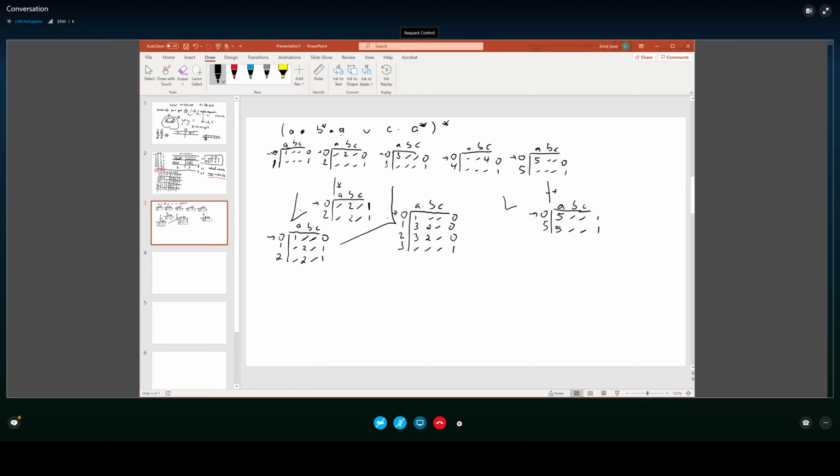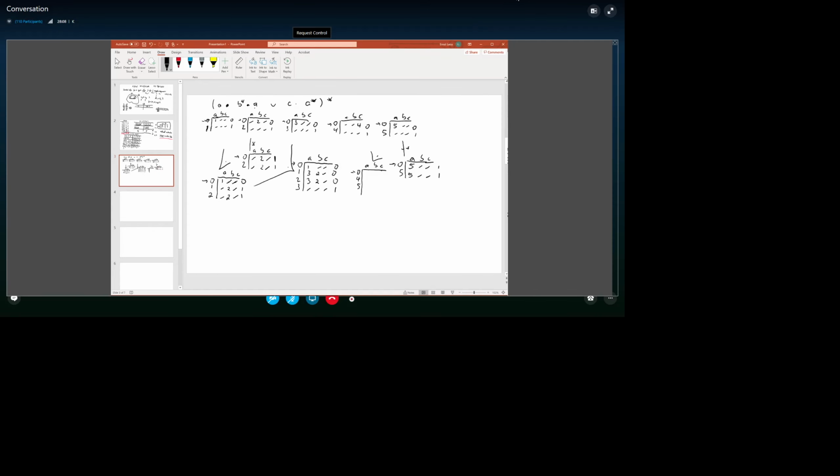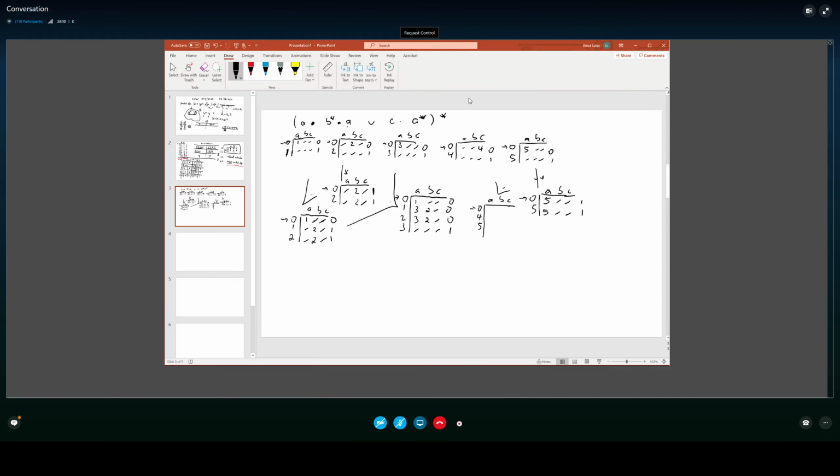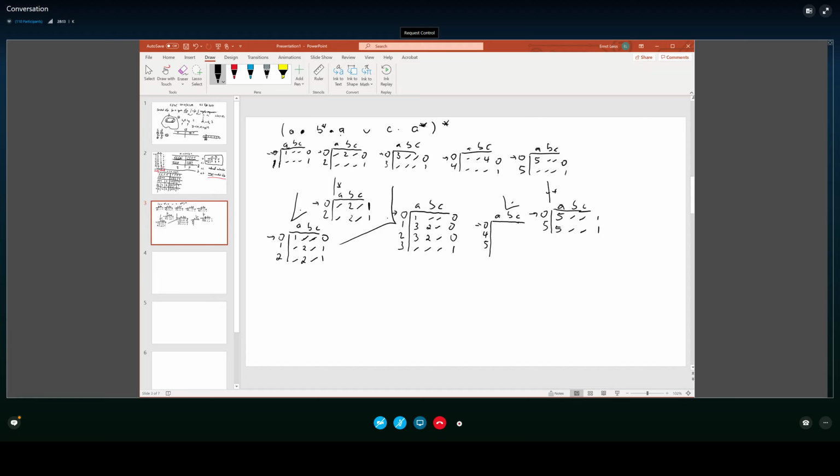And then we can do the concatenation of those two, which is 0, 4, 5 for the states, and A, B, C. And so the initial state of the second automaton is accepting. So that means we get all the final states of the first automaton plus all non-initial final states of the second automaton, which means 4 and 5 are accepting and 0 is rejecting.